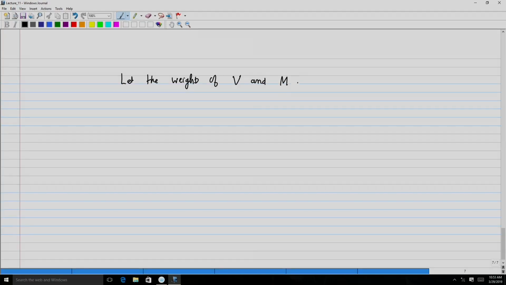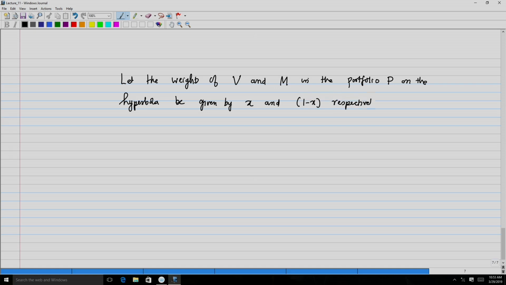So, let the weights of V and M in the resulting portfolio, which I will call portfolio P on the hyperbola, be given by x and 1 minus x respectively.